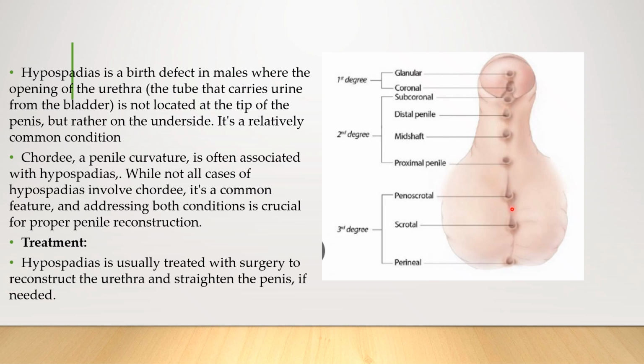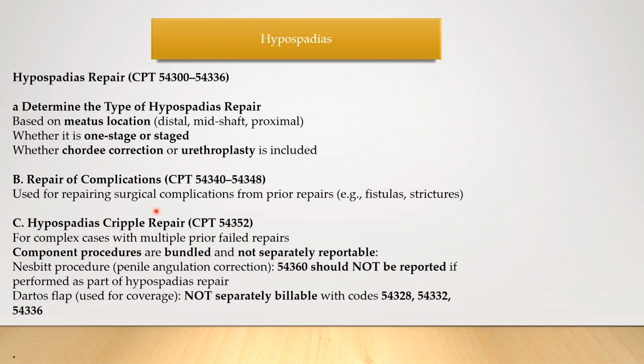It is often associated with hypospadias. While not all cases of hypospadias involve chordee, it is a common feature, and addressing both conditions is crucial for proper penile reconstruction. So this is very, very important. Hypospadias is usually treated with surgery to reconstruct the urethra and straighten the penis if needed. So let us look at the code for hypospadias repair.